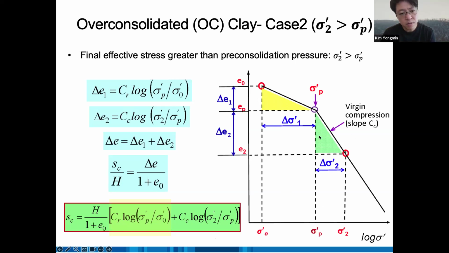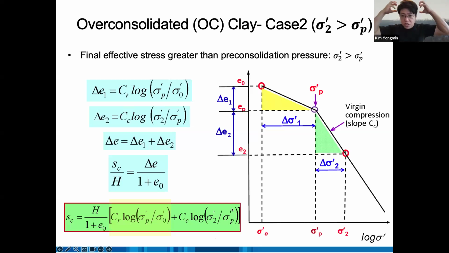This green part, these terms. Here, my maximum effective stress is the pre-consolidation pressure, right? And then for the green area, the virgin compression curve, your initial effective stress is your pre-consolidation pressure. Here is the maximum, here is the initial. Okay?